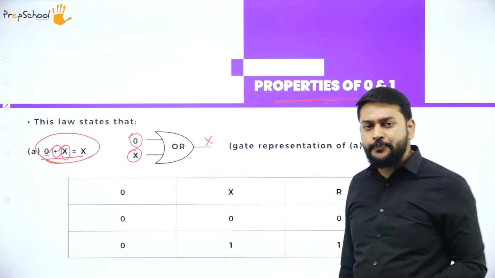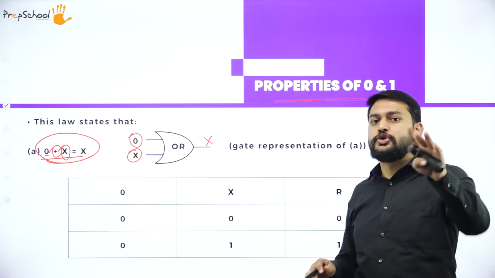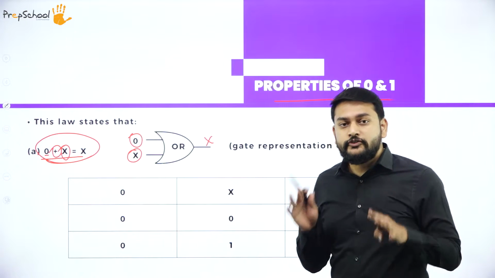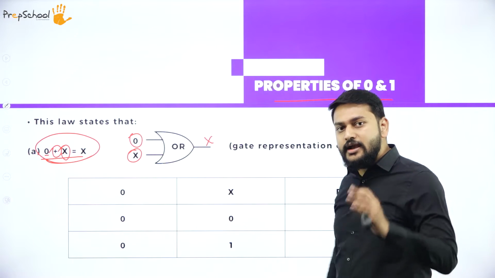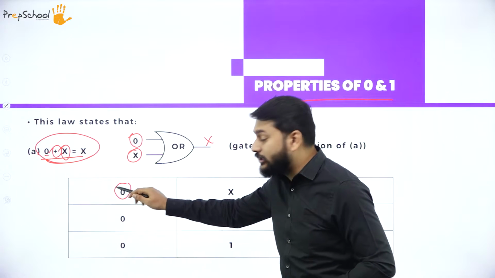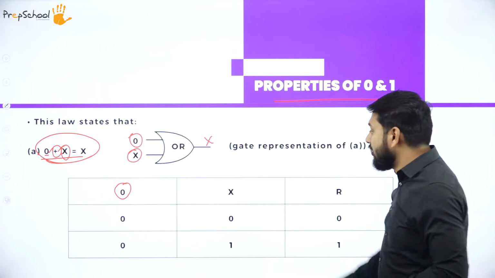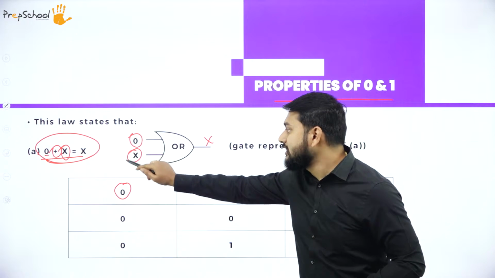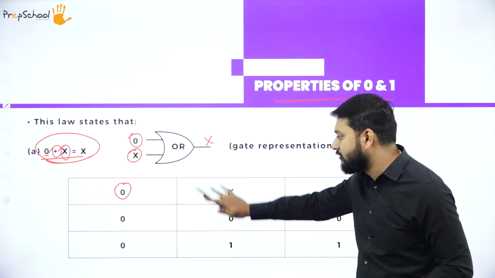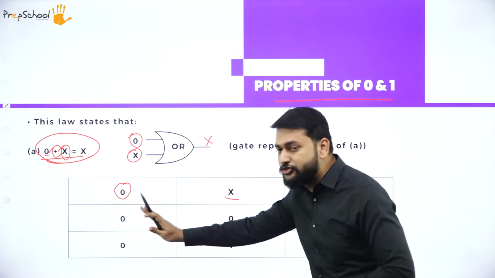Let me write the truth table for this to understand using the properties of zeros and ones. So what is the first input you have? 0. That is the name of the column. Don't get confused. The second column that you're writing is x. So basically I have 2 columns.